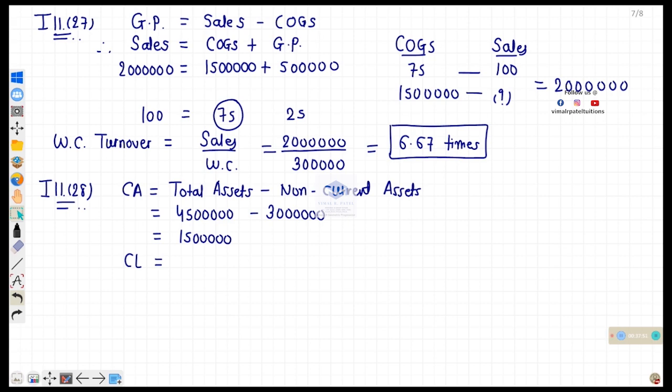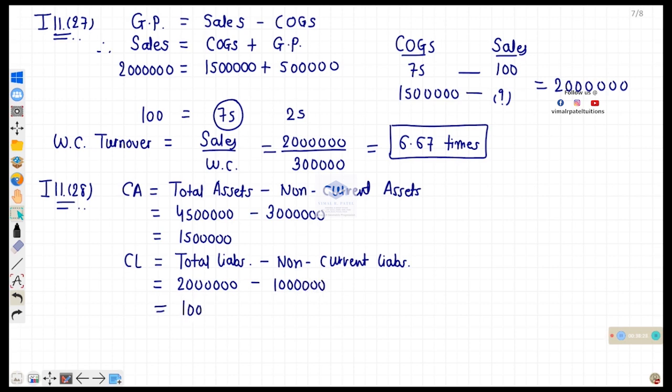Same way current liability, total liability minus non-current liability. Non-current liability 10 lakh. Okay.